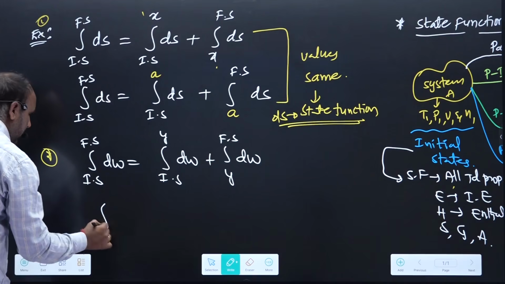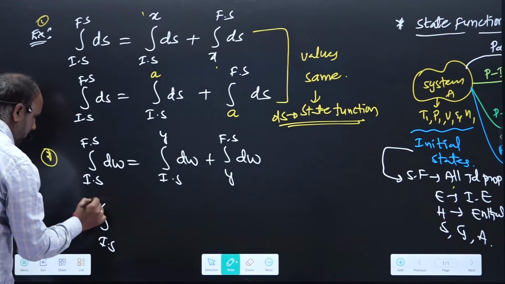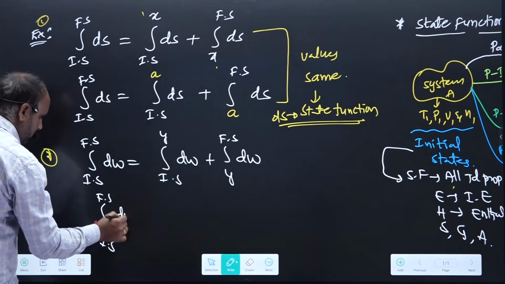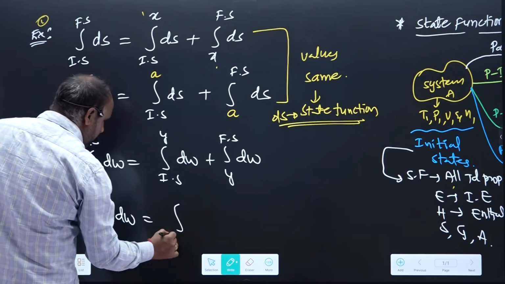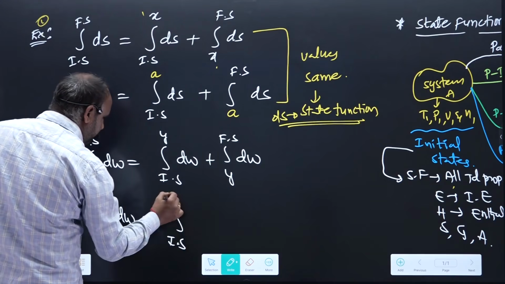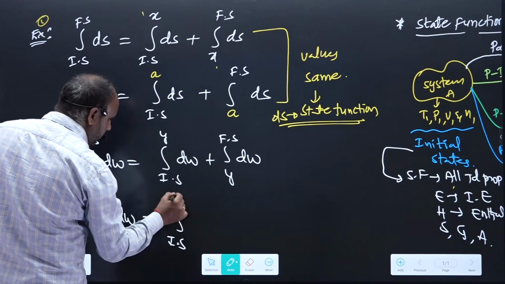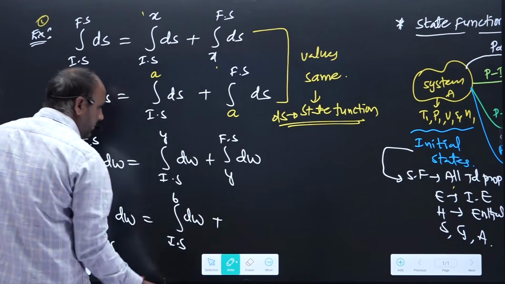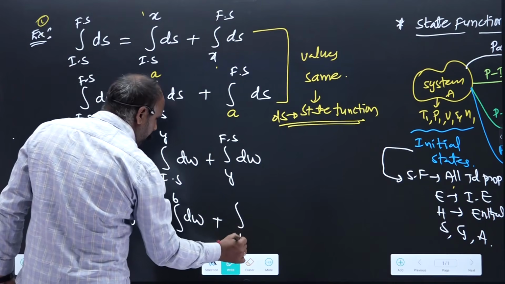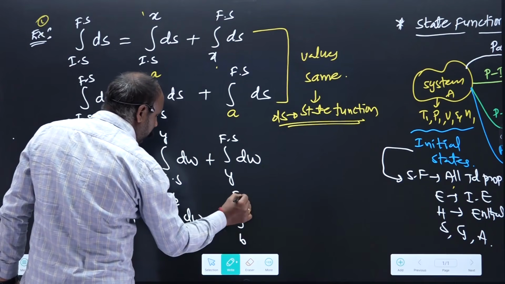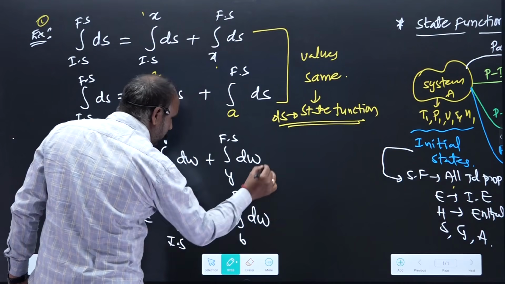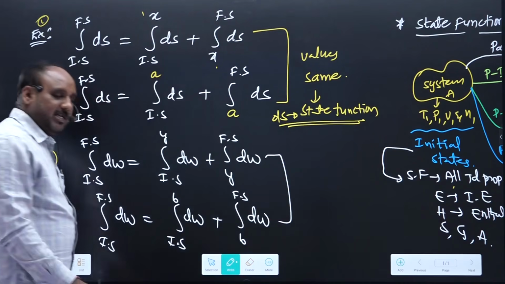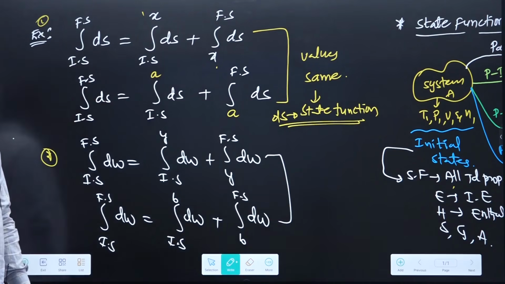Then again, the initial state to some b of dw plus the integral of b to final state of dw. In this case, are we getting the same value or a different value?